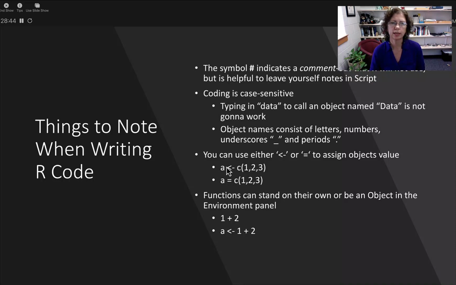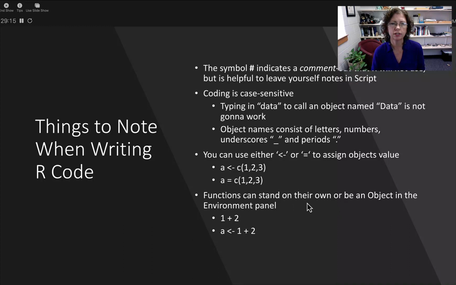Now, when I was doing that assign by, I could use the less than dash, or I can use equal to assign objects a value. Typically, I'm using the less than dash because this equal mark is old school and it might get confusing with more newer programming. So I'd say use that one instead, but you might see this other one in older tutorials and stuff.